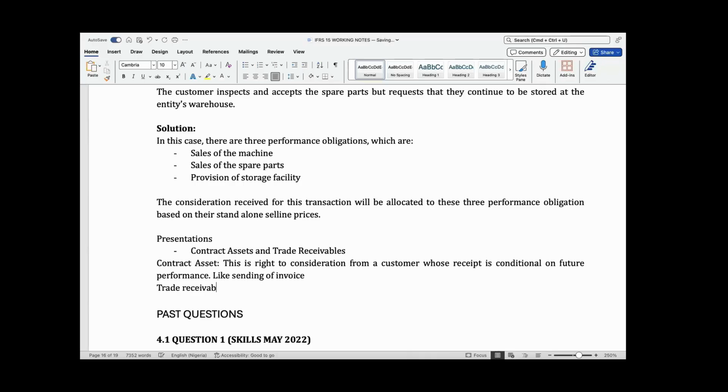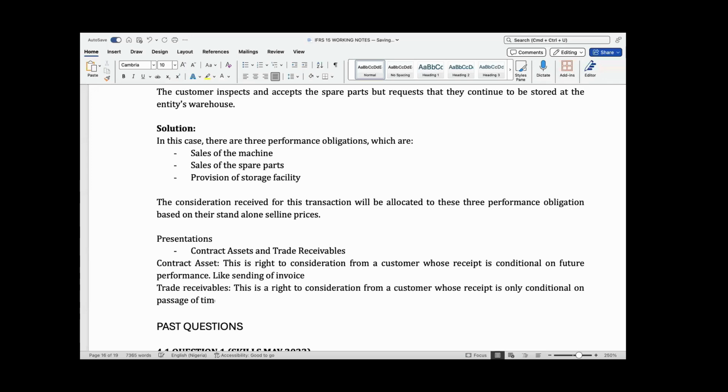trade receivables, this is also a right to consideration from a customer whose receipt is only conditional on passage of time, meaning the only thing that is delaying your money is just time.